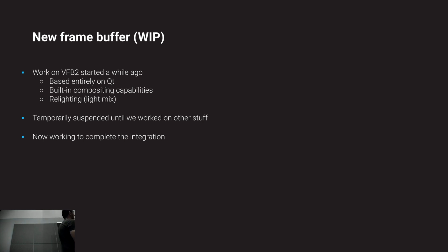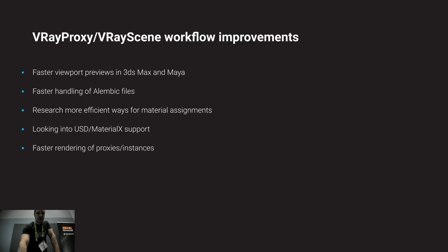And as part of that, we'll also be adding a light mix type thing, so that if you have light select elements in the scene, you can combine them in the final image and adjust the intensity of the various light sources right inside the frame buffer. I don't have an image for this, mostly because the UI is not final and I don't want you to see developer stuff, but it's there, it's working, so we'll get to that.